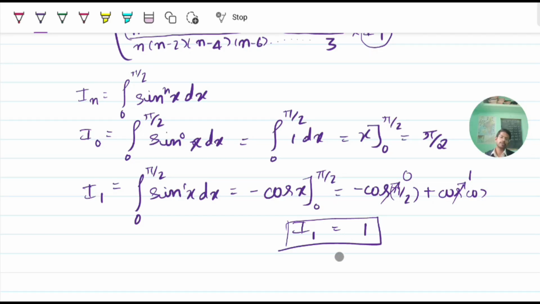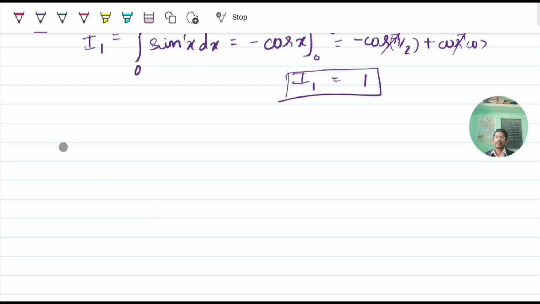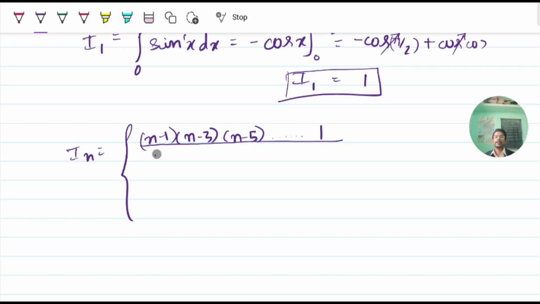Okay, let us substitute the values of I1 and I0. That is, I_n is equals to (n-1)(n-3)(n-5) and so on up to 1, divided by n(n-2)(n-4) and so on up to 2, into what is I0 value? I0 value is pi by 2, right?